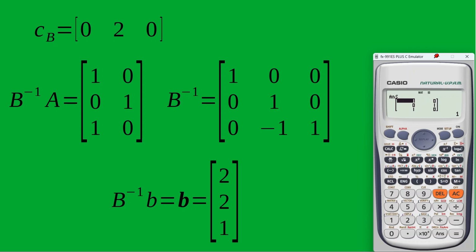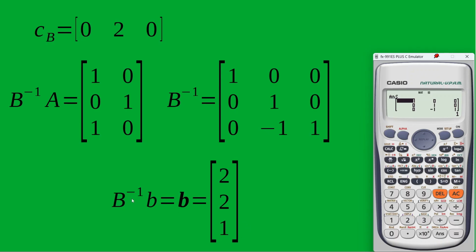I have already noted it down for you. The B inverse is found by shift 4, inverse, and there you have the B inverse.